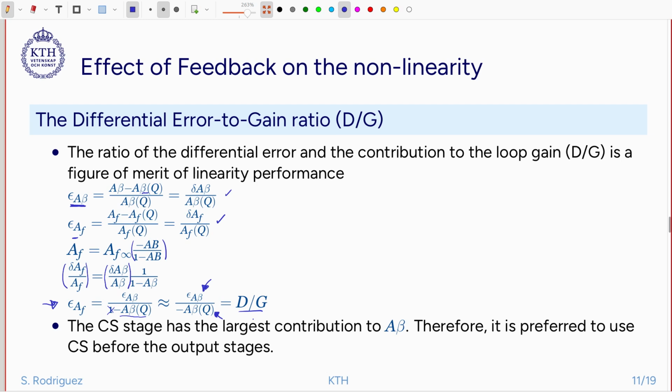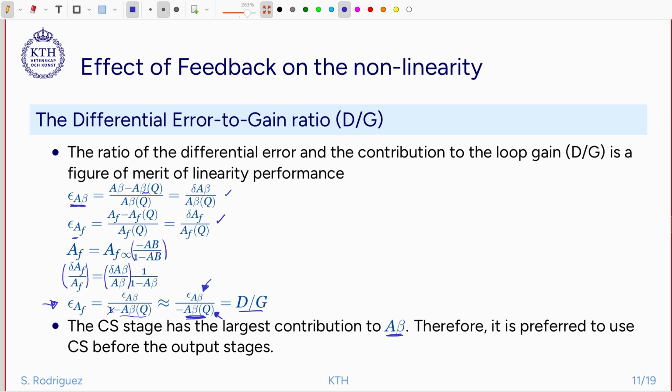Now, before going to study different stages, I can immediately see that common source stages have the largest gain. The ABCD parameters for the common source stage are very low. They have the largest gain, so they will immediately contribute more to the loop gain.